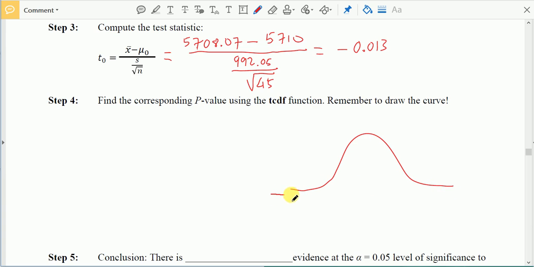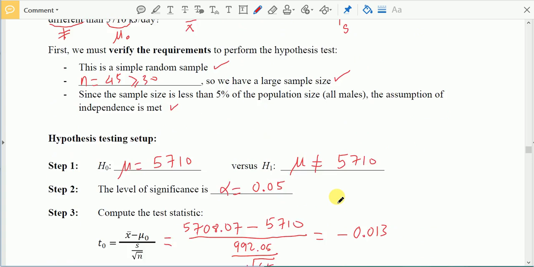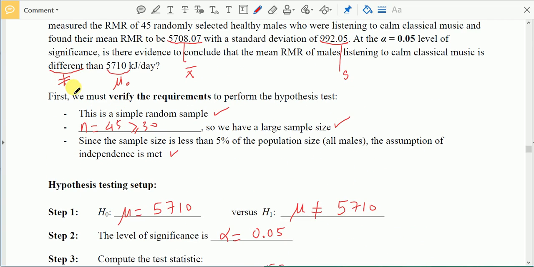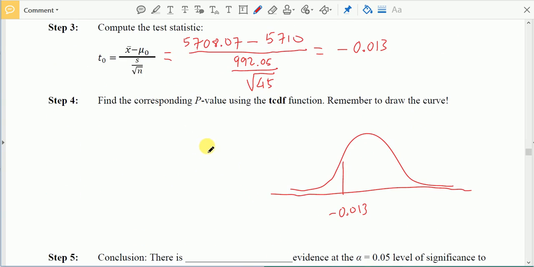After you have the T naught, or the test statistic, you're going to draw that on the curve. So this is the curve. Minus 0.013 is here, right? Because this is the two tails, this different meaning the two tail. That means you are taking the value at the two end tails.